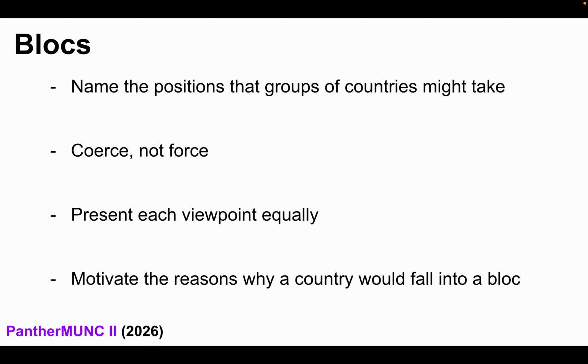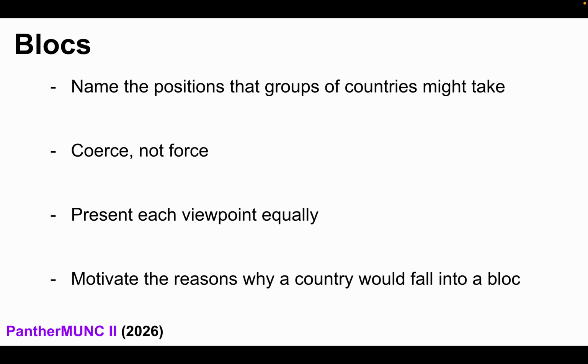You'll also want to include a section called blocks, and this is where you outline what blocks might form. So you name the positions that groups of countries might take. And what's important is that you don't directly name a country, because that could limit a country, perhaps a delegate actually finds that they agree more with a different position.